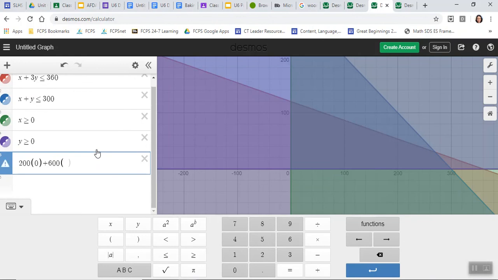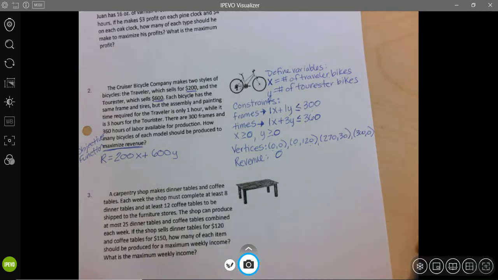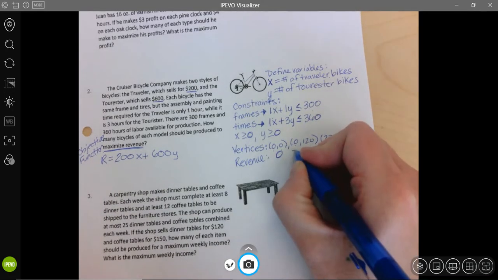So instead of y, I'm going to put in 120. Alright, did anybody else get 72,000? So I took my revenue function, 200x plus 600y. I put 0 for the x, I put 120 for the y, and I got 72,000. So this point gives me 72,000.